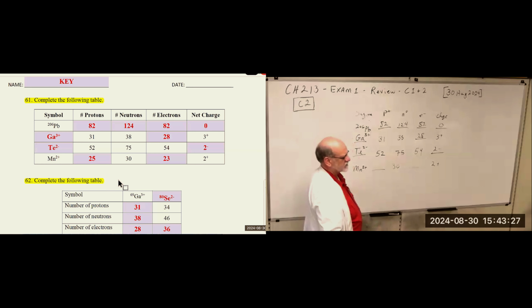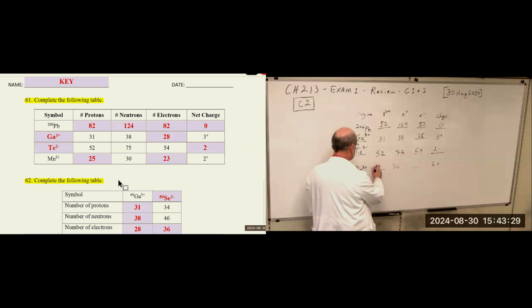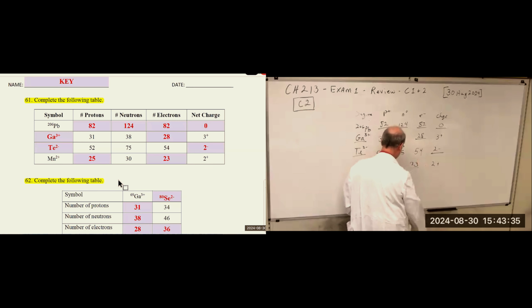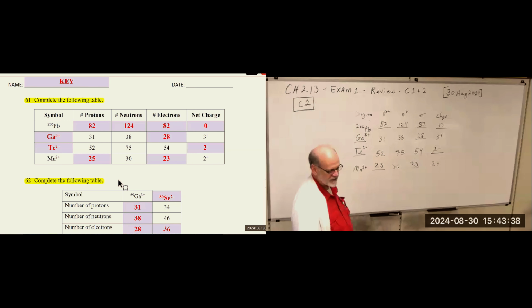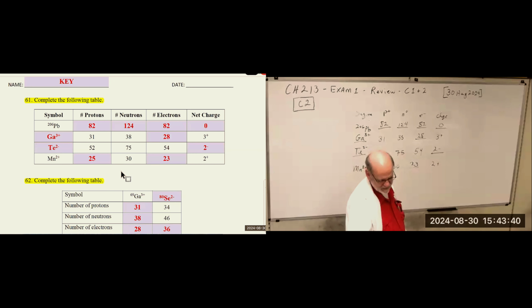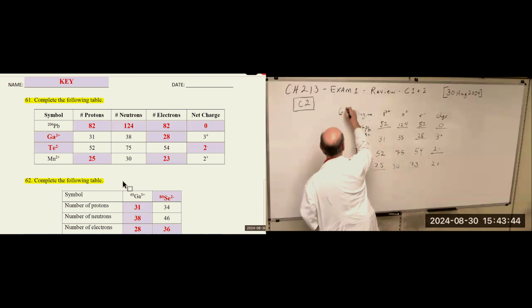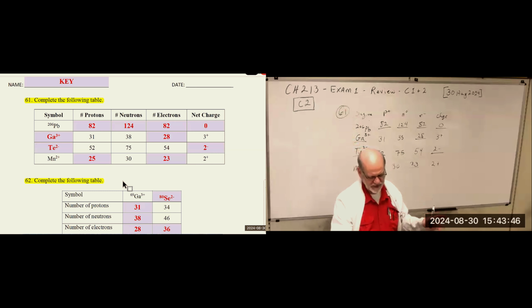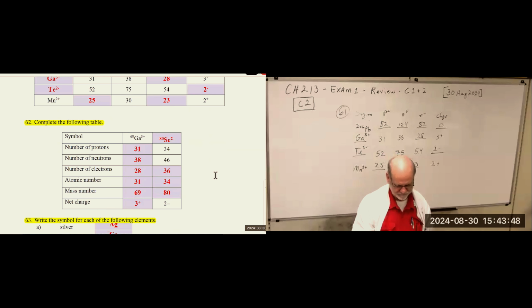We look up manganese. 25 protons? Yep, 25. And then 23 electrons. Correct. 2+. There you go. That fills in the table. Now, the next one, that was 61. The next one uses the same logic, so I'm not going to go through that one.